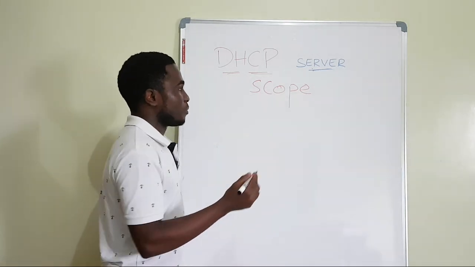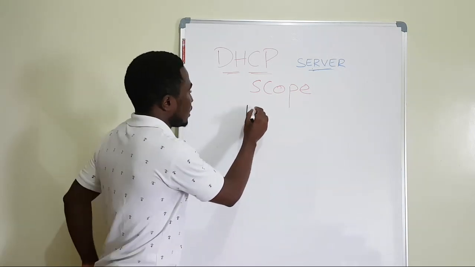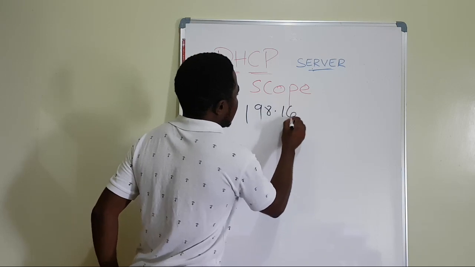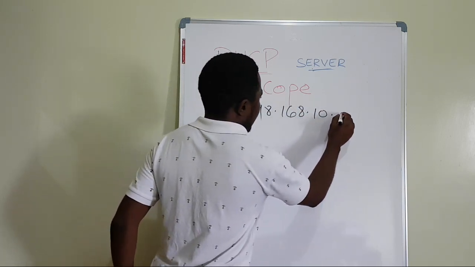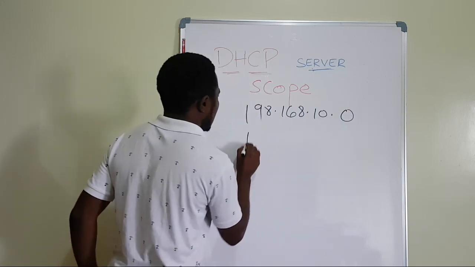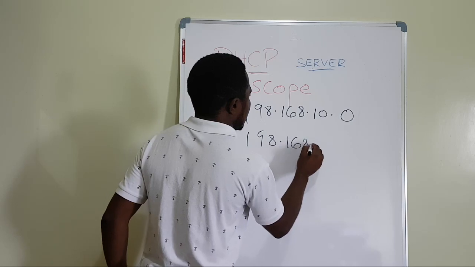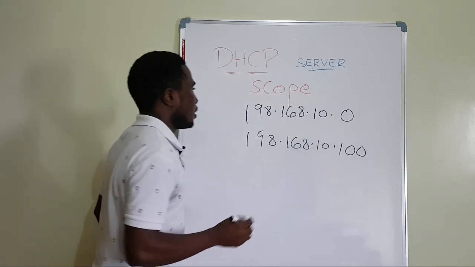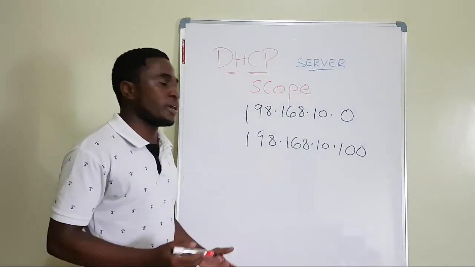For example, I'll give you a range of IP addresses for the scope. A Class C address, 192.168.10. This can be the scope of our IP addresses.